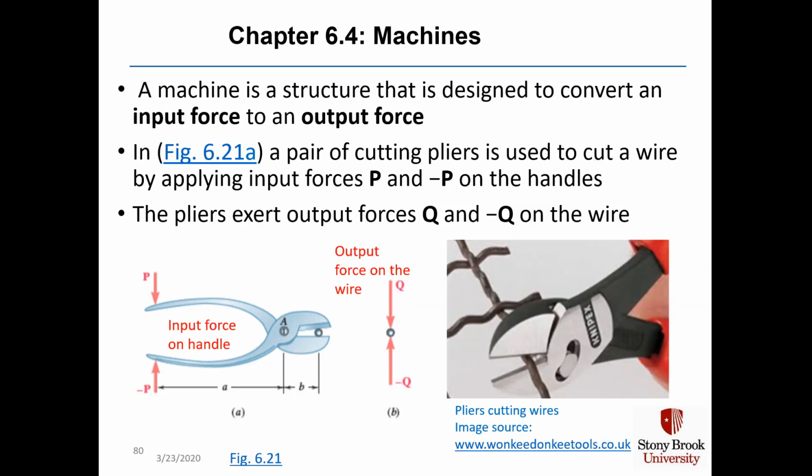In the simplest definition, a machine is a structure that's designed to convert an input force to an output force. In figure 6.21a, we show a pair of cutting pliers, an example of a machine, and they're used to cut a wire by applying input forces on the handle, P and minus P, and the pliers exert output forces, Q and minus Q, on the wire.